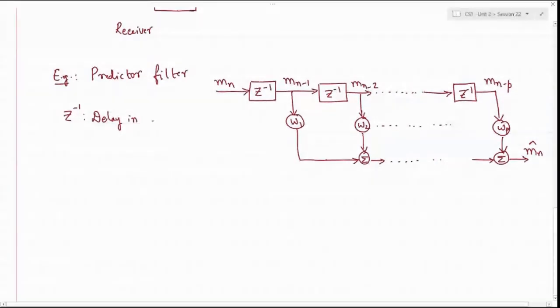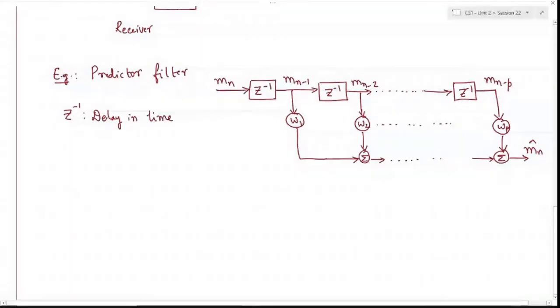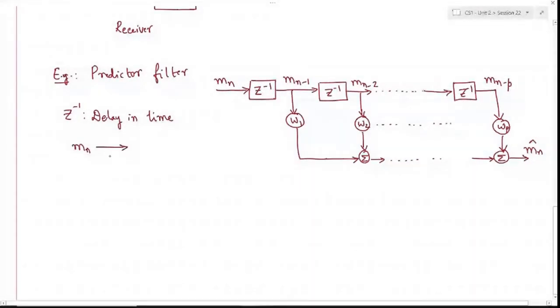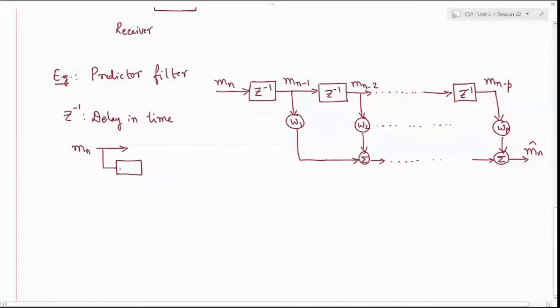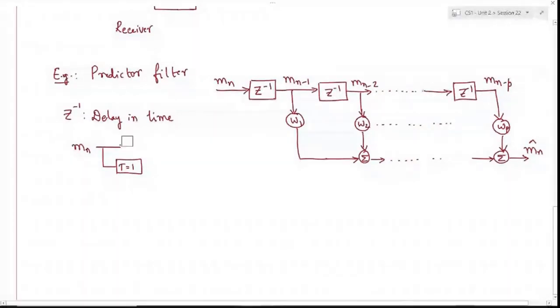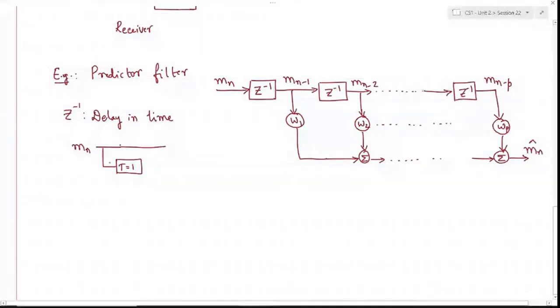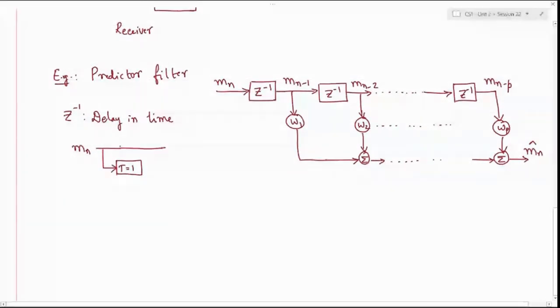in time. Say if a message signal sample is coming, and you delay it for 1 unit of time. Okay, if this is the message signal, and this is delayed, and I try to take a difference between these two.